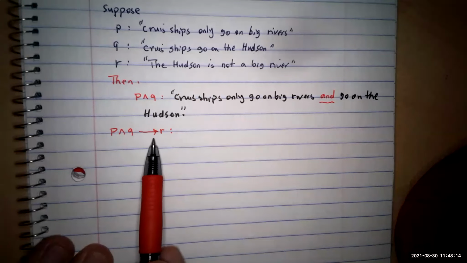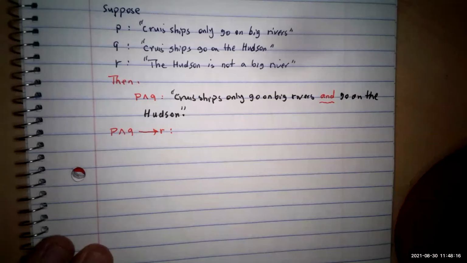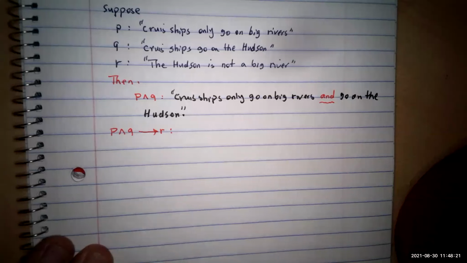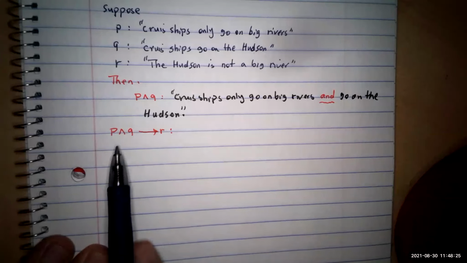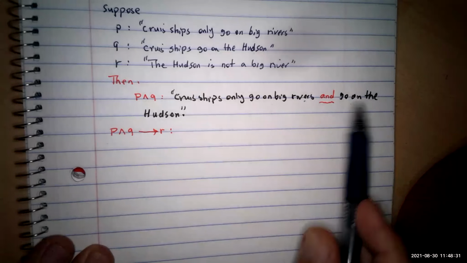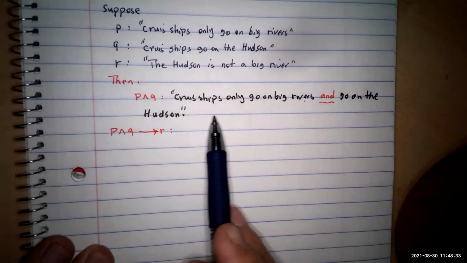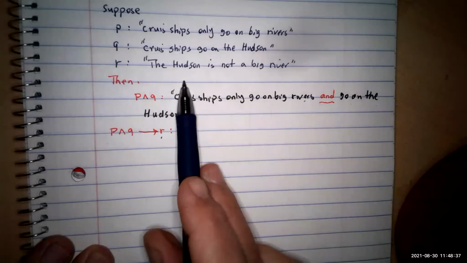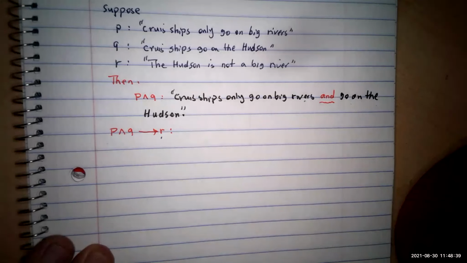Since it's a conditional one, you have to start with the if. If the first one, then the second one. So let's make sure to use the if. So this is it. If cruise ships only go on the big rivers and go on the Hudson, then R would happen. What's the R? Then the Hudson is not a big river.